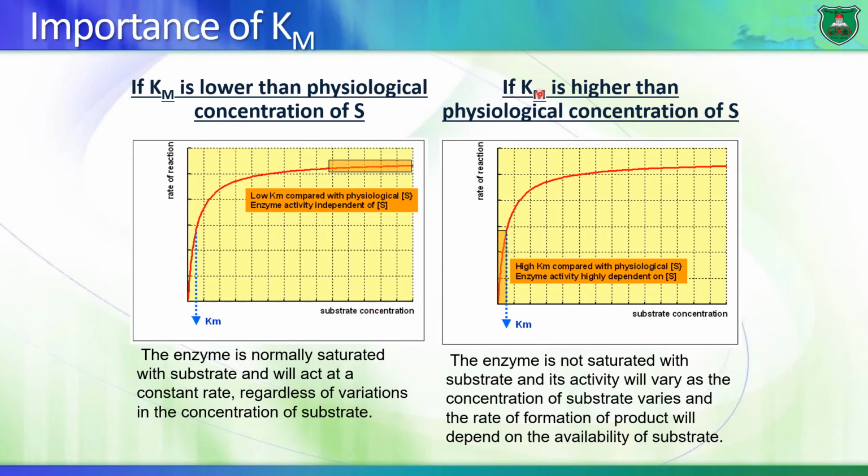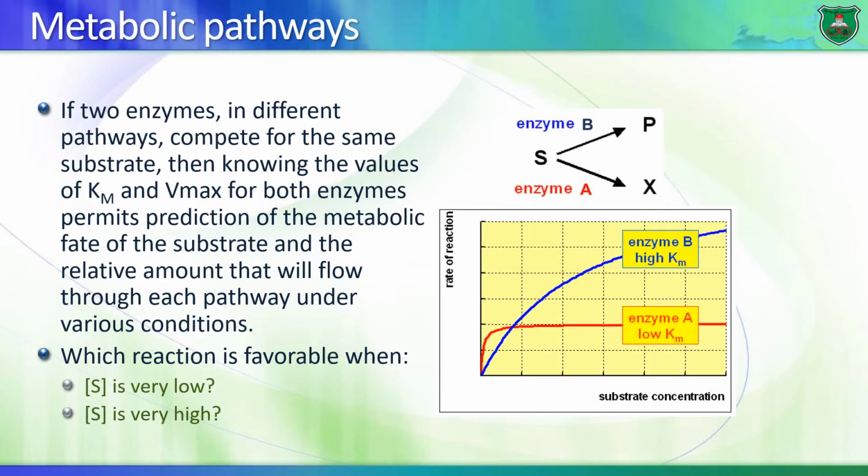What if Km is higher than the physiological concentration of S? It means that the rate of the reaction will be greatly varied according to how much substrate there is. It also tells us something about metabolic pathways if we understand a certain Km and Vmax of different reactions.